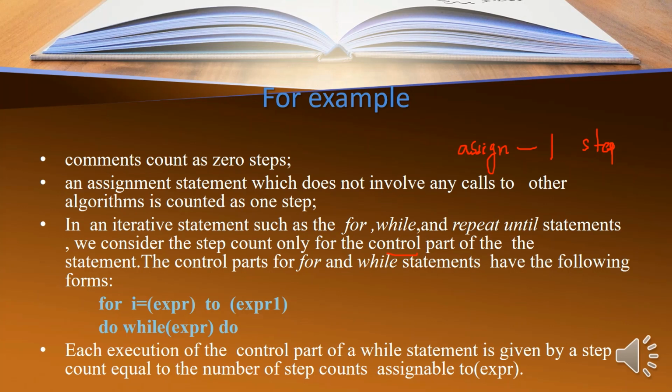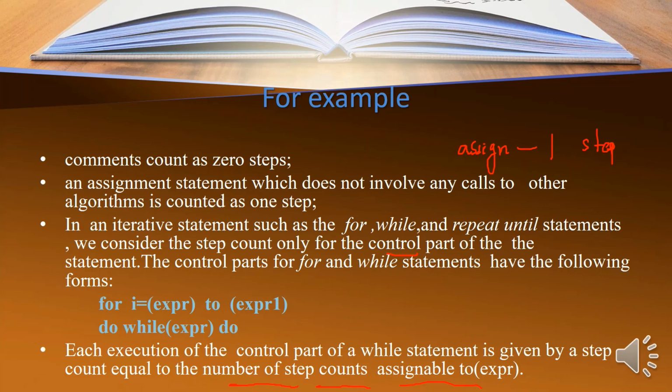You know that a for loop will contain so many parts like initialization, increment, and then the control part. But we will consider only the control part of the statement. Each execution of the control part of a while loop is given by a step count equal to the number of step counts assignable to the expression. For the for loop, we consider the control part, and we count how many times the for loop is going to execute.